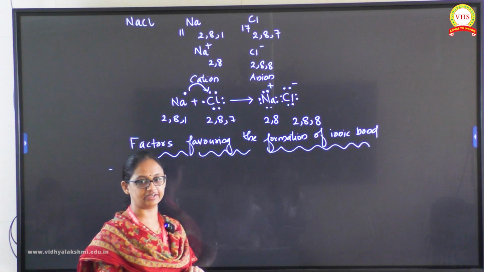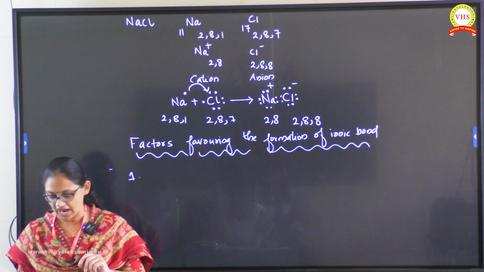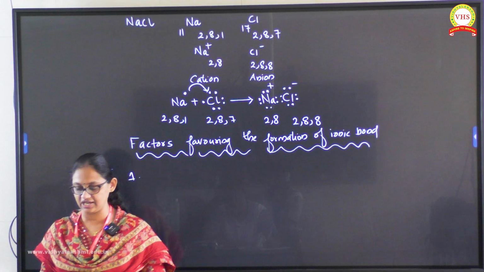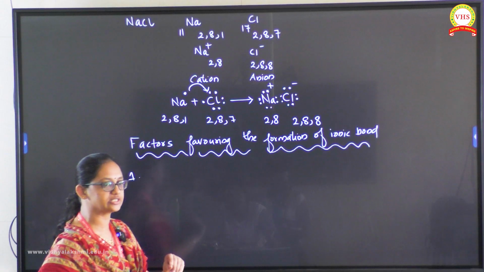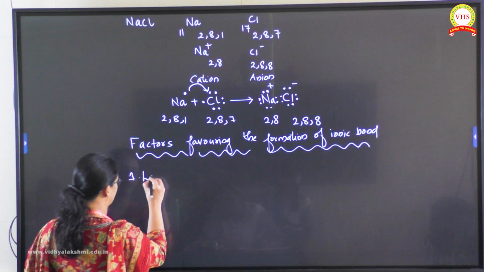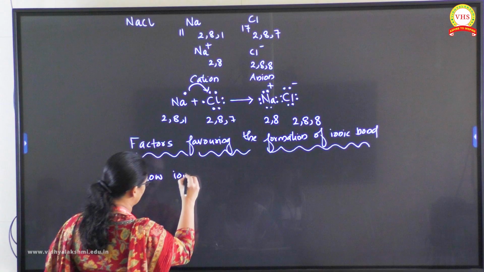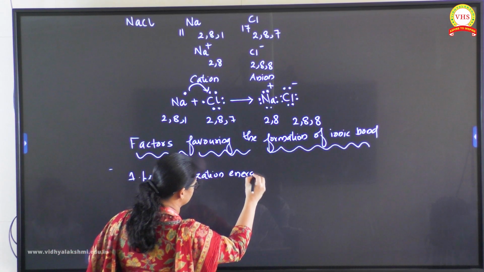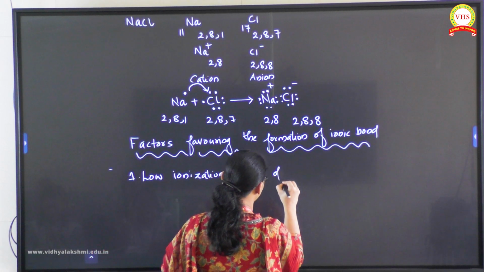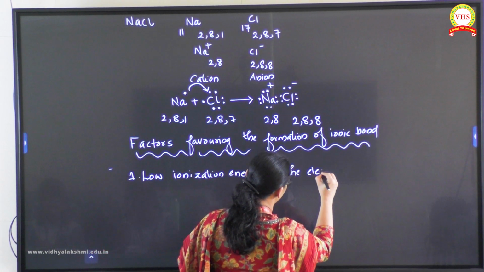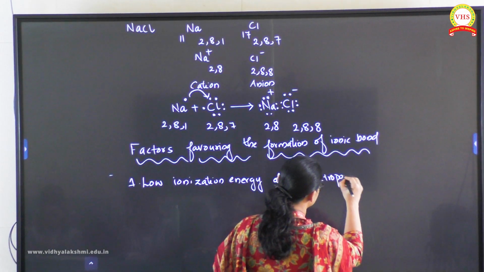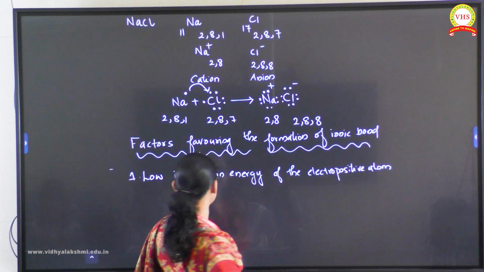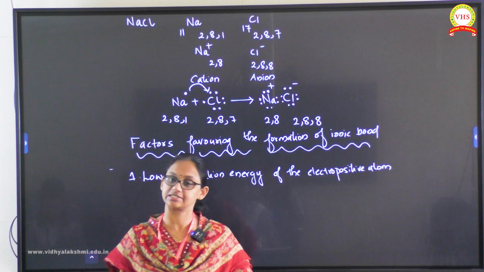The first factor favoring the formation of ionic bond is low ionization energy of the electropositive atom. What is the first factor? Low ionization energy of the electropositive atom.